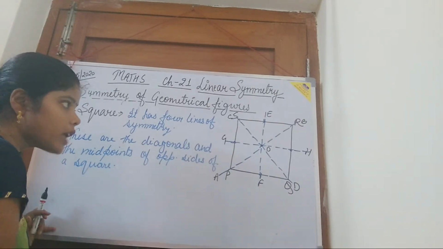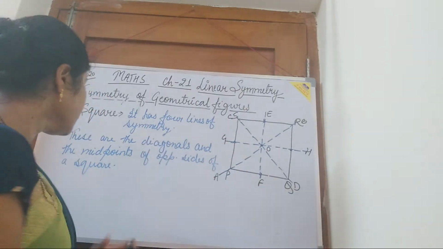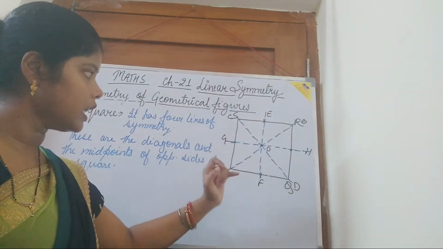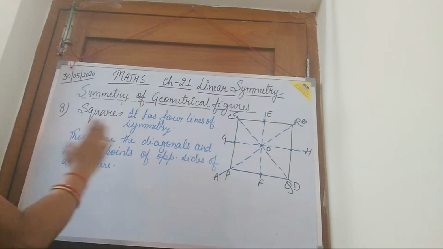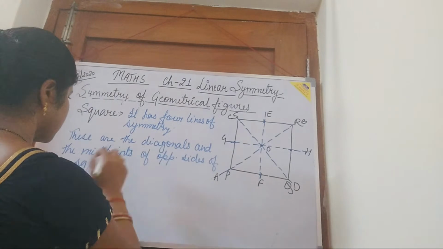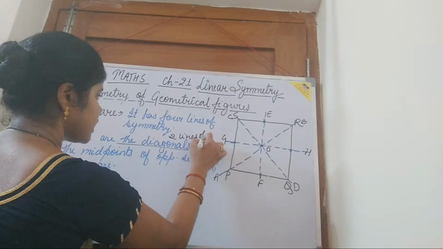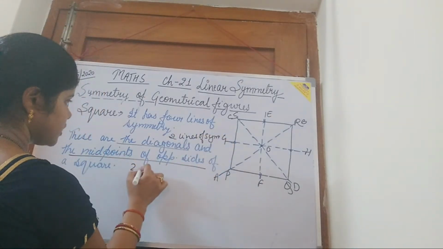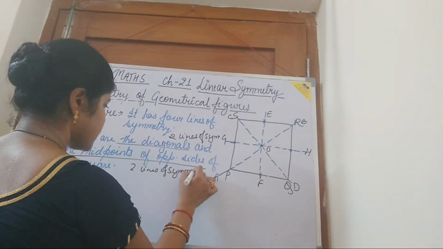So a square has two diagonals, so two lines of symmetry form along the diagonals, and for the opposite sides we have two lines of symmetry, one vertical and the other horizontal. So a square has four lines of symmetry: two from the diagonals and two from the midpoints of opposite sides. So how many lines of symmetry does a square have? Four.